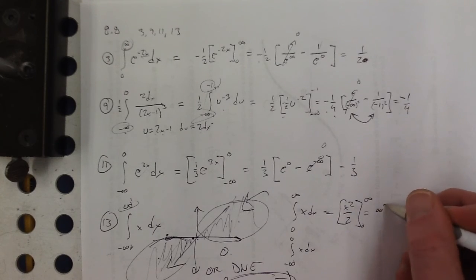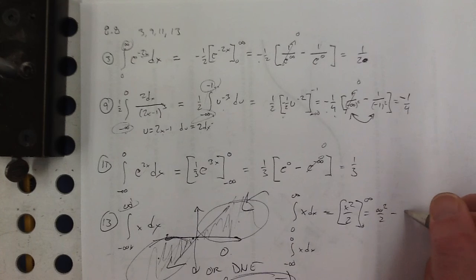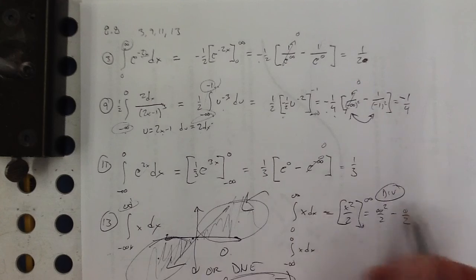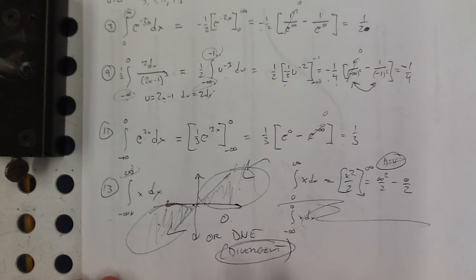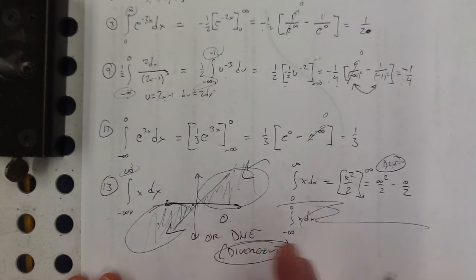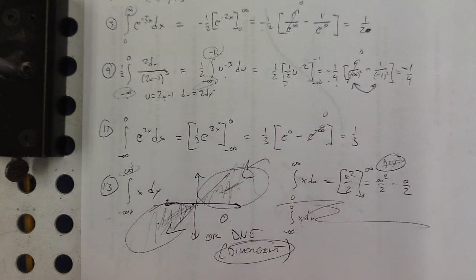That's infinity squared over 2 minus 0 over 2, and this is divergent. So if any one piece of it is divergent, then the whole thing is a bust, which is why we report here that it's divergent. If you said 0 and you were tempted by that, I understand, but we can't let that be our way of doing things, so we don't.